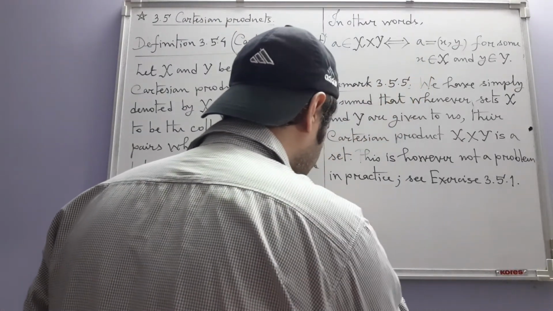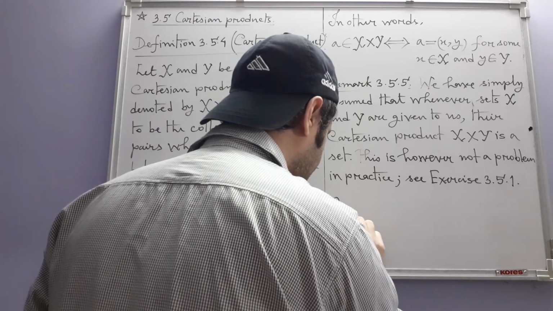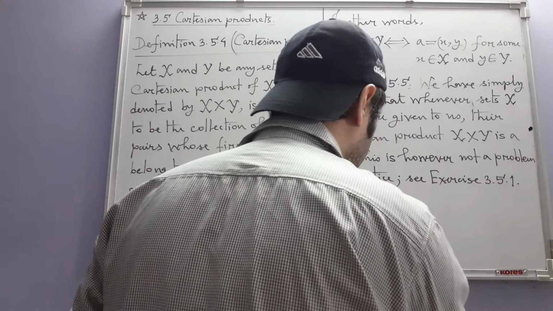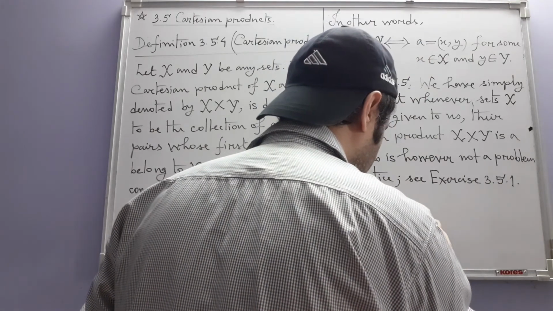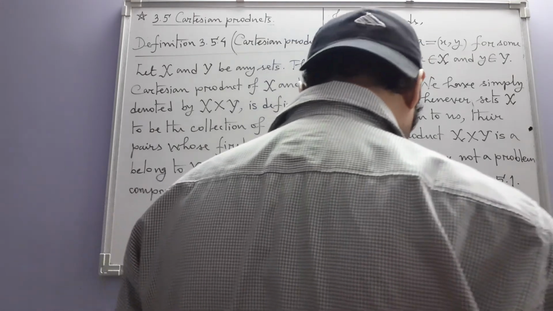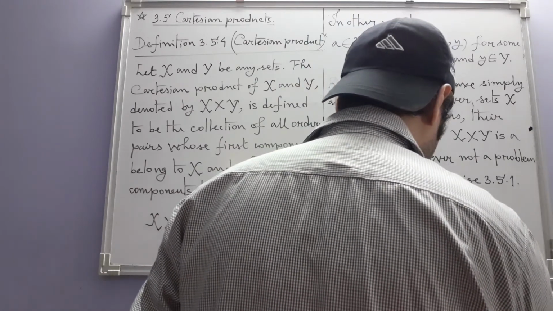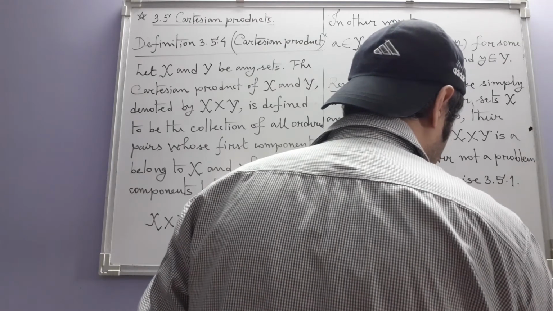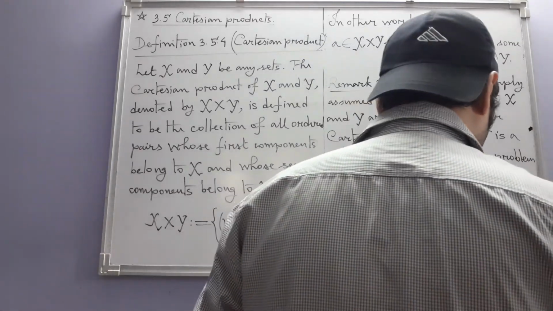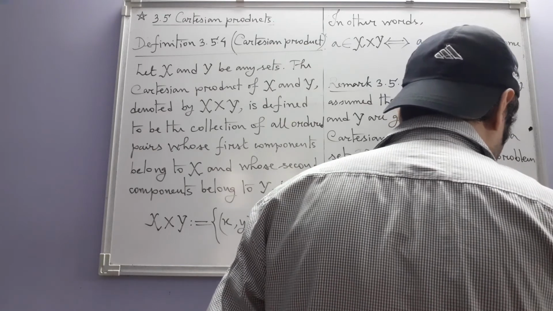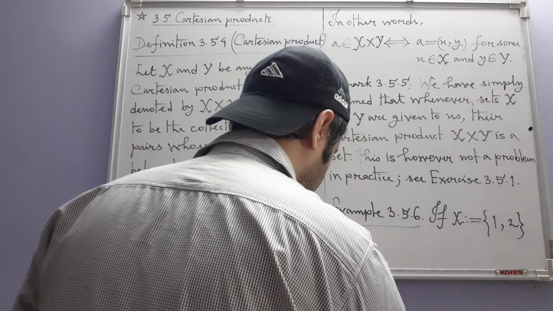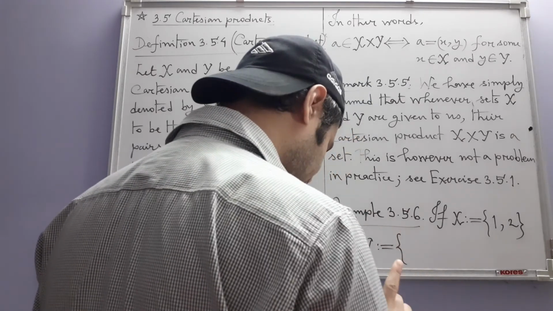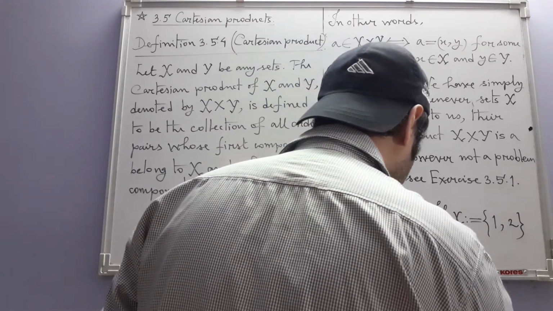So this is our simple example. This example will illustrate further points about this concept of Cartesian product. We are going to take two sets: X consists of 1 and 2, and Y consists of 3, 4 and 5.